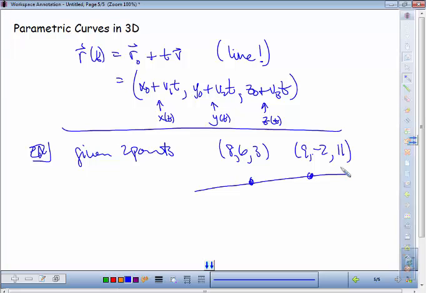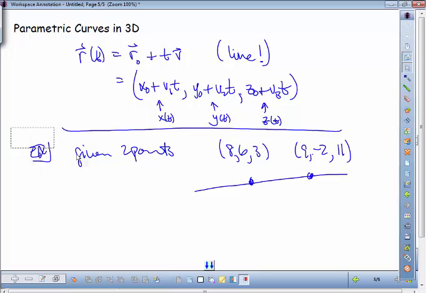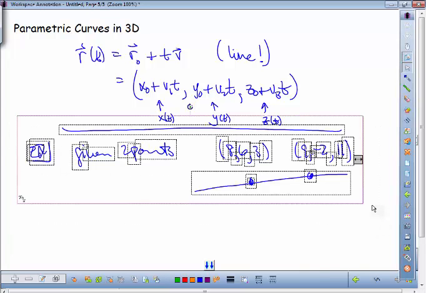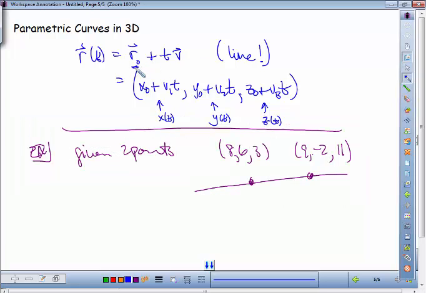What do we need for an equation of a line? A point and a what? And a direction, right? So I have a point and a direction. If I have a point and a direction, I just plug it into this formula. I have 2 points, but I don't have a direction. What do I do? Find a direction vector. How do you find a direction vector? Head minus tail.